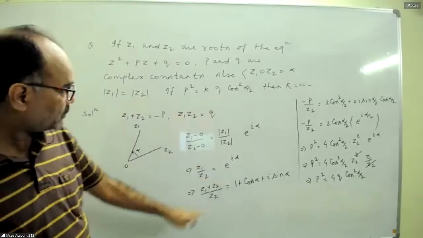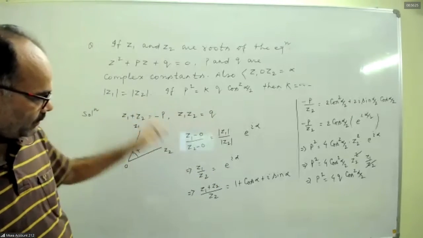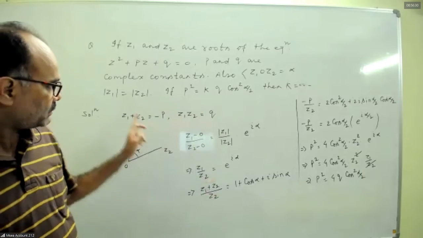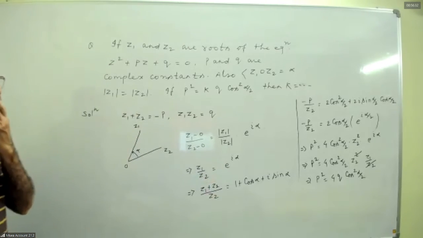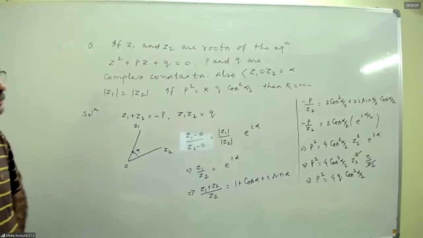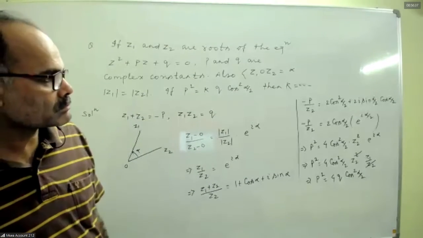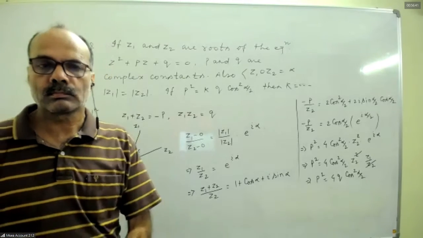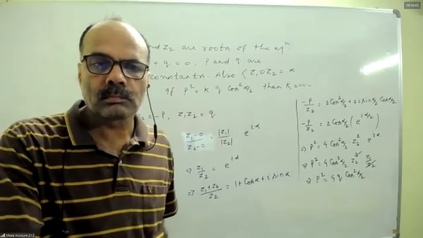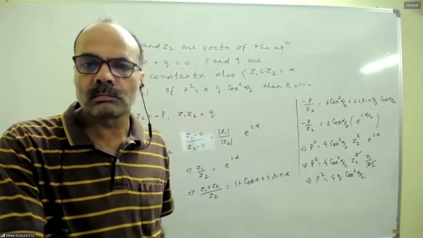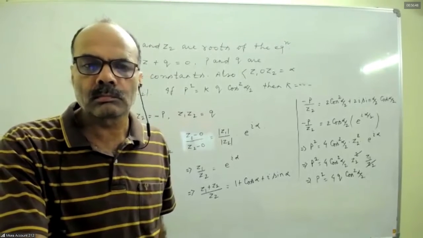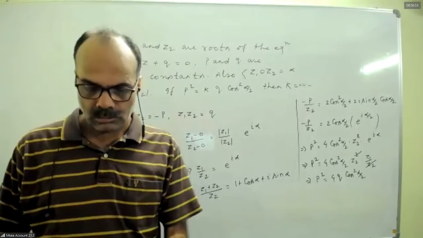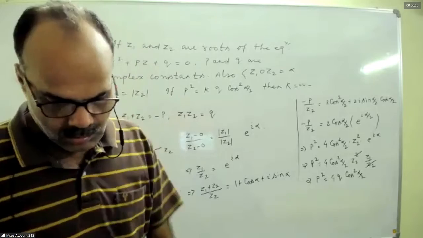Adding 1 to both sides so that we can use this result. Z1 plus Z2 is minus P. Shall I repeat? Yes, sir.